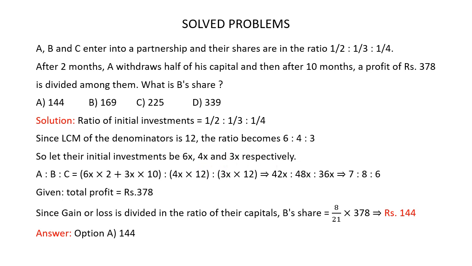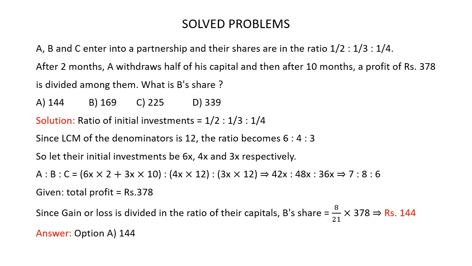Now it's given that after 2 months A withdraws half of his capital. Now we know that A's investment is 6x. So A invests 6x for 2 months. After 2 months, he withdraws half of his capital and invests the remaining amount for 10 months.